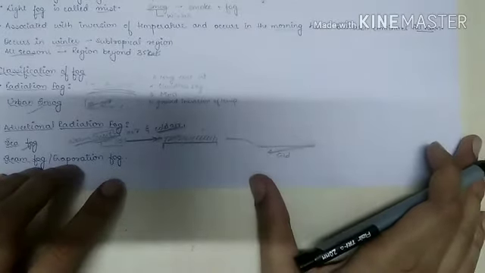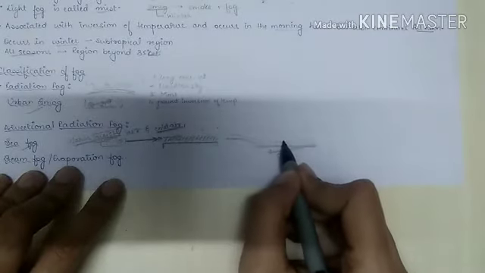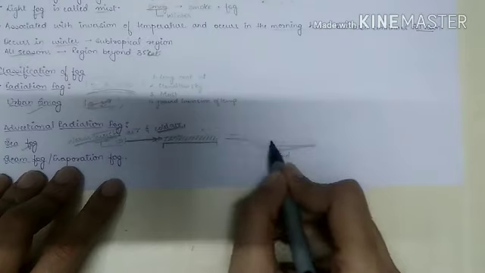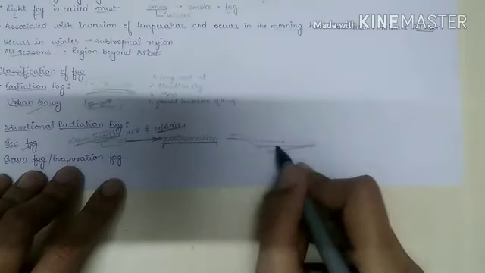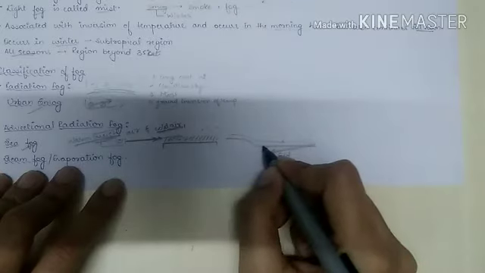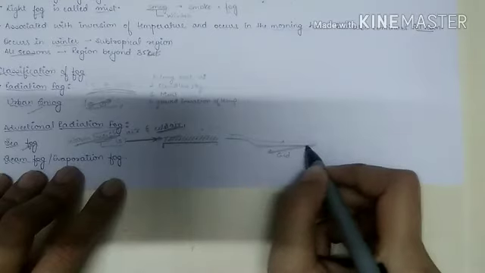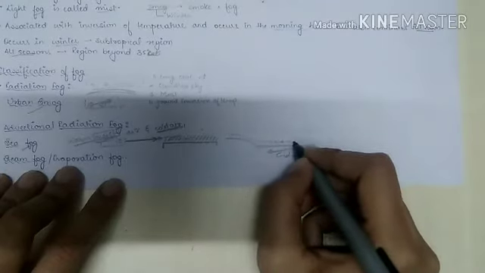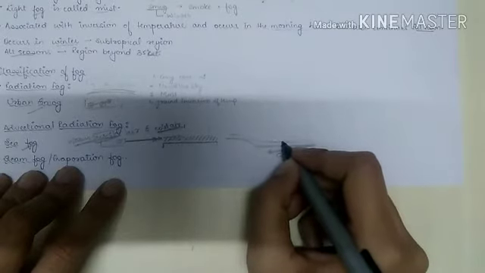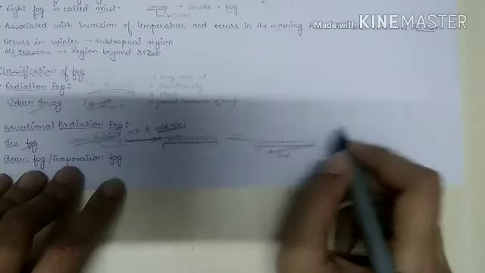Now, when the air from the coastal area comes towards the sea, here we have moist and warm air. As it comes towards the sea, because the sea has cold temperature, this air will condense, and due to condensation, fog will be formed, and this type of fog is known as sea fog.